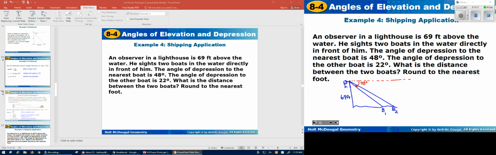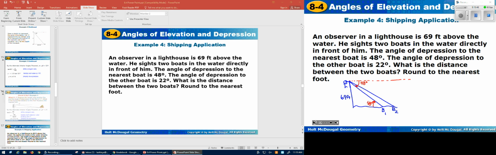So which other angle in my picture is 48 degrees? B1. If I'm going up from the horizontal, so if my water was really horizontal here, then this is also 48 degrees. And again, where I see students make a mistake is they put 48 right up here in this top angle with the vertical line. But it has to go from the horizontal, okay? So we know this is 48. We keep reading.